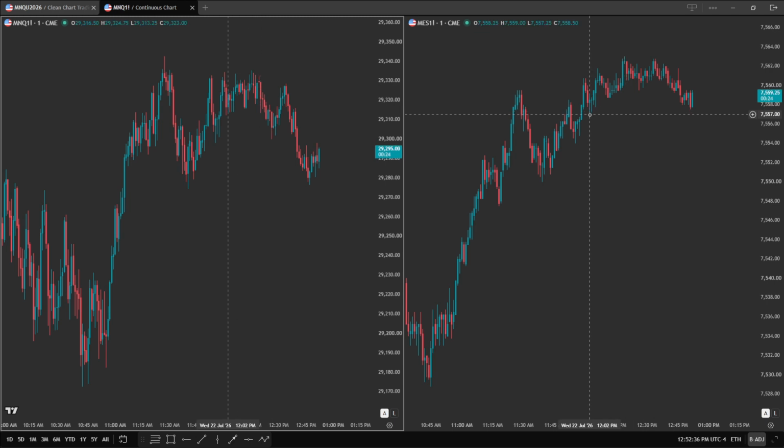So this is where I want to see ES take high of day and then have a bearish SMT on NQ. I really like that it's leaving this.